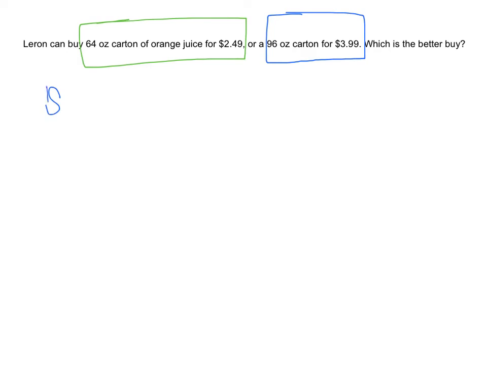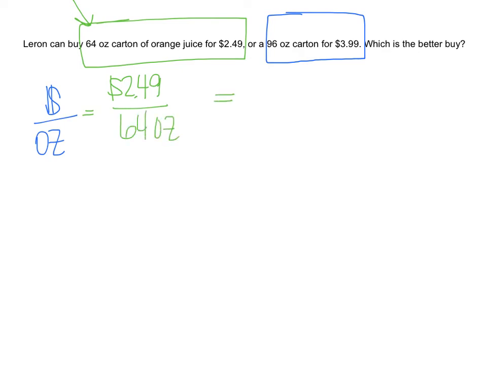Remember, we put money on top, and then we're putting our ounces on the bottom. See if you can come up with this green one on your own. You should have done $2.49 over 64 ounces. See if you can find what the unit price would be.